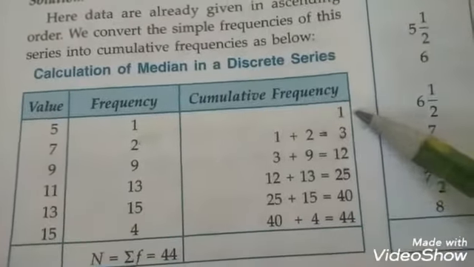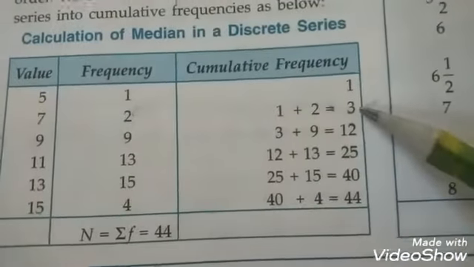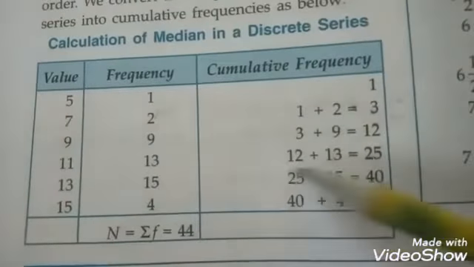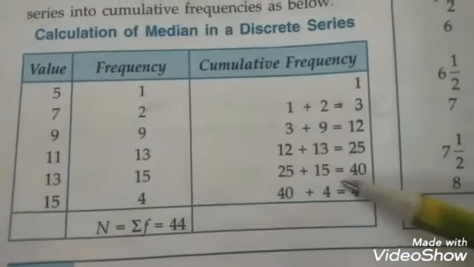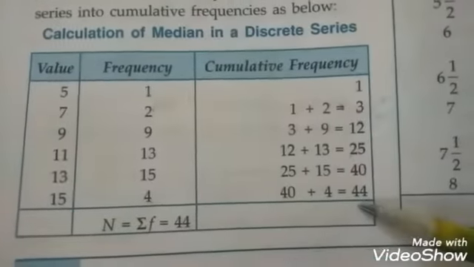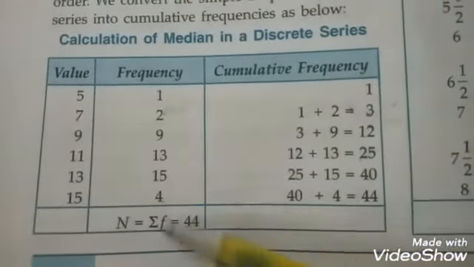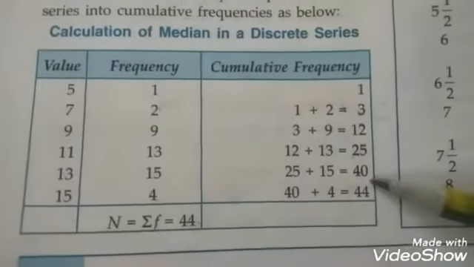Then we are going to add the next frequency to it, that is 1 plus 2, 3. Then we are going to do 3 plus 9, 12. Then 12 plus 13, 25. 25 plus 15, 40. 40 plus 4, 44. So the last of our cumulative frequency and the total of the frequency column should match. That means our calculations are correct.